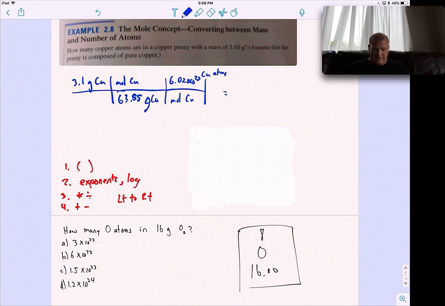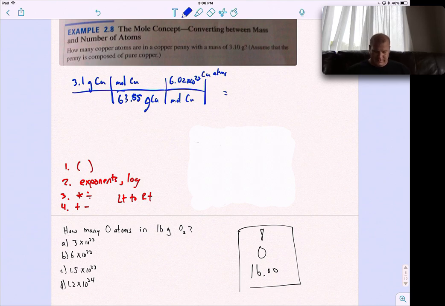So putting this in, I'm not going to do the calculation, I'm just going to talk while I do it because this one's pretty easy. It's 3.1, actually I should divide, divide by 63.55, times 6.02 E23.